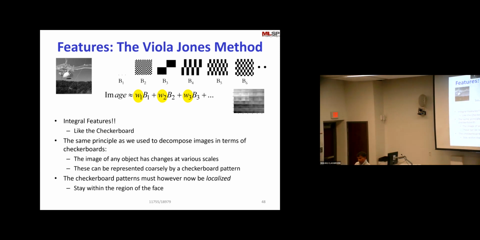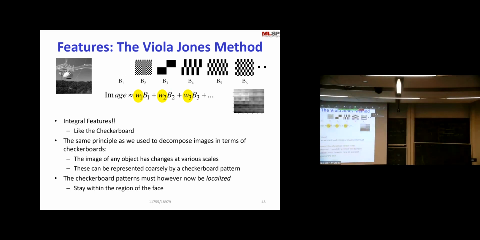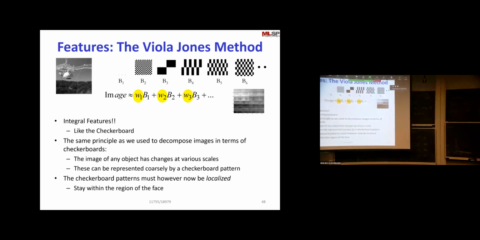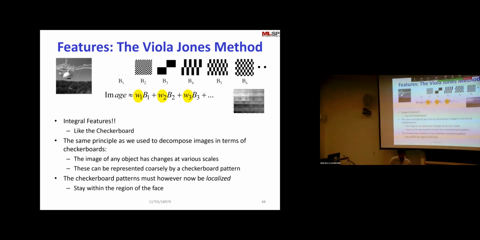How do I compute that feature? What is the operation? Yeah, it was an inner product, right? You're projecting the image onto the basis. And what did this inner product operation comprise of? Lots of multiplies and accumulates.